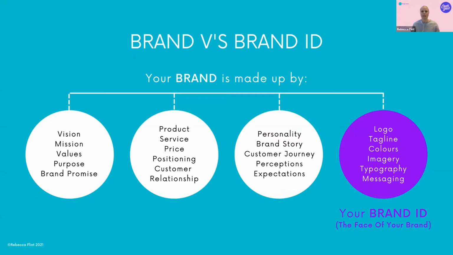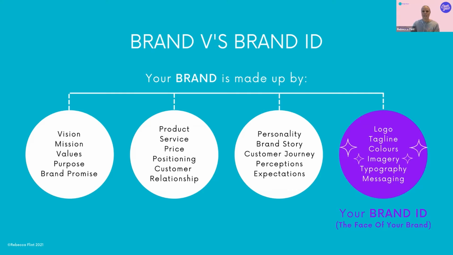If you look at this diagram here, your brand is made up of these 4 buckets, and your brand identity is what forms that last little bucket there. So your brand is made up of all of these different things. It's how people feel about your brand identity and your brand as a whole. It's your promise to your customer. It's your vision, mission, values, and purpose. And of course, it does make up part of it, which is your logo and your imagery and your typography and your messaging and all of that.